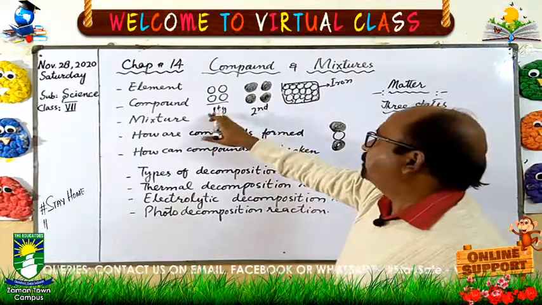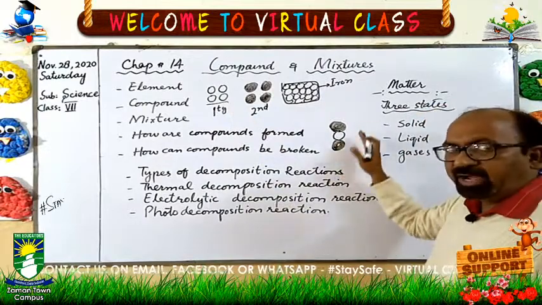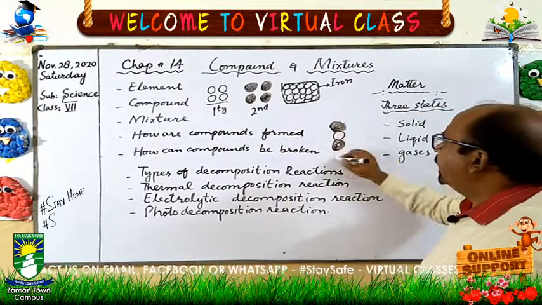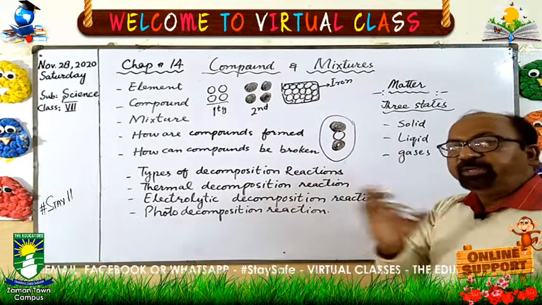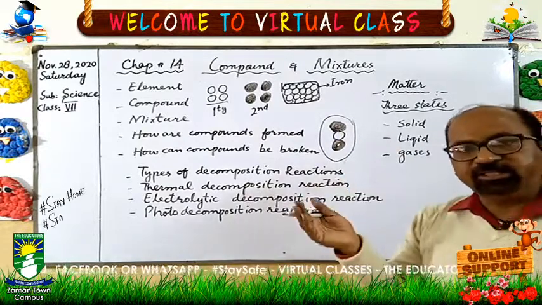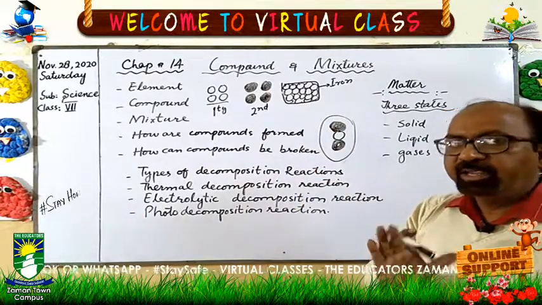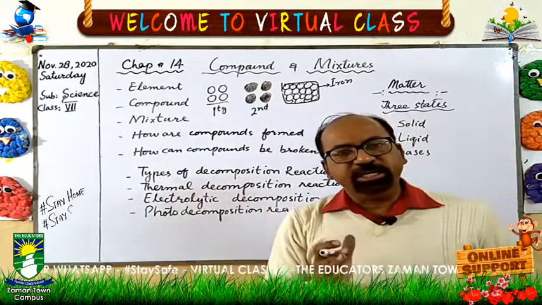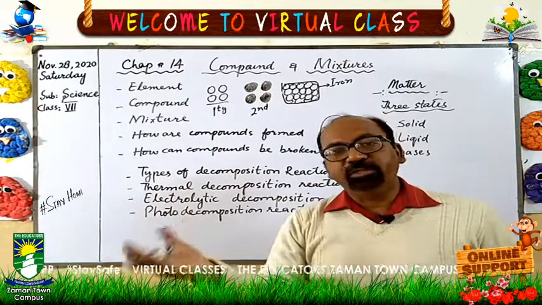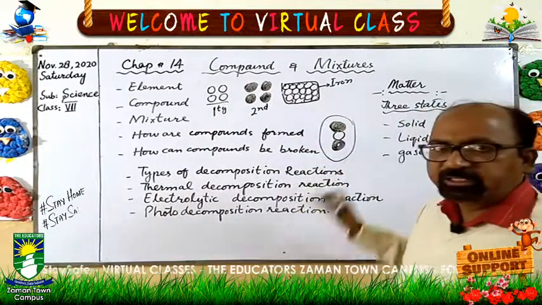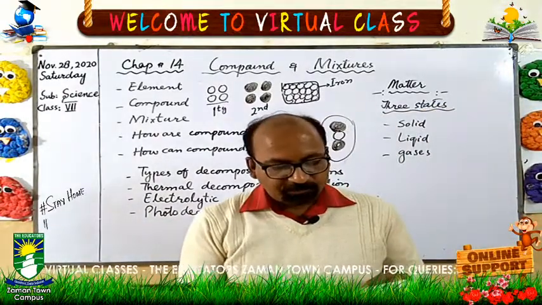And when they change into another compound, their property is completely changed. Now they cannot be reversed easily. If they can be reversed easily, they will be called a mixture, but if they cannot be reversed easily, they will be called a compound. Now we will read from your book.